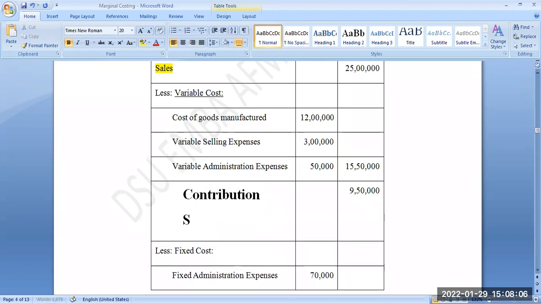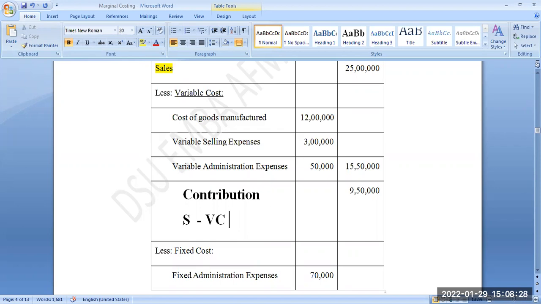We can write like this: sales minus variable cost. Please keep in mind, if you take total sales, then you take total variable cost. Sometimes you may calculate sales per unit. So 1 unit is equal to 20 rupees sales, and 20 minus variable cost of 1 unit.